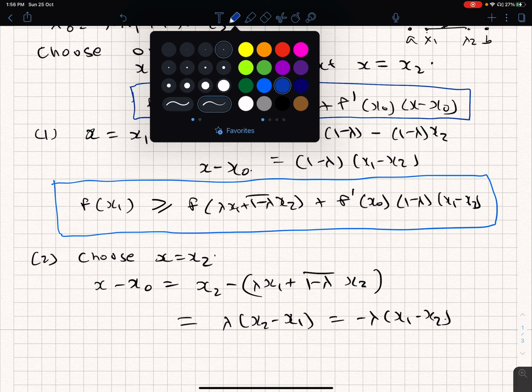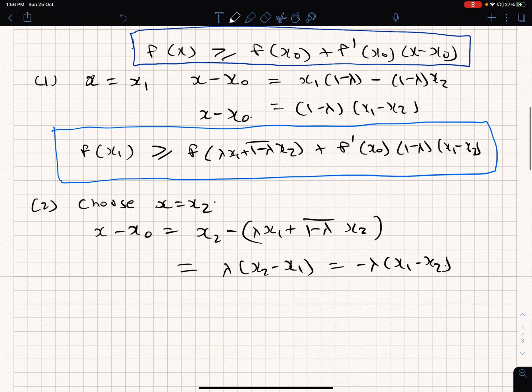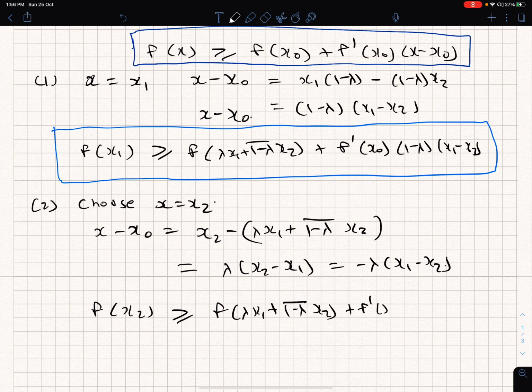So then what do you get now? f of x2 is greater than or equal to f of lambda x1 plus 1 minus lambda x2 plus f dash of x naught into minus of lambda into x1 minus x2.